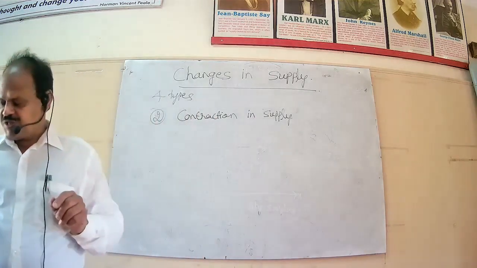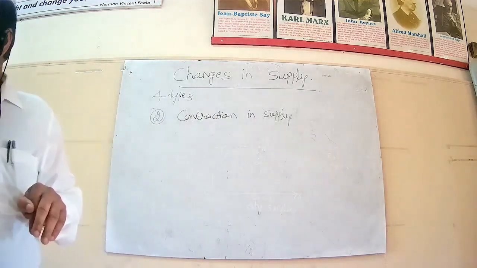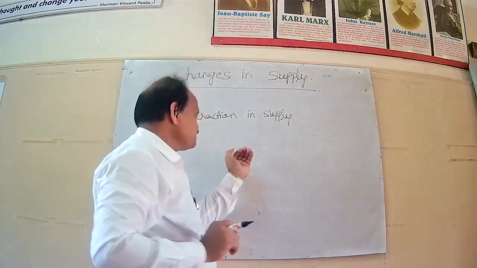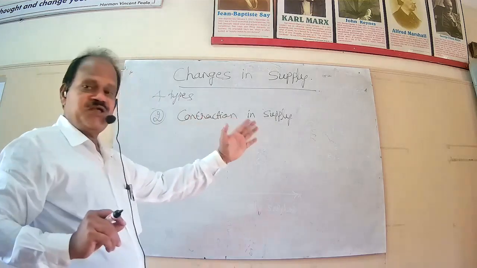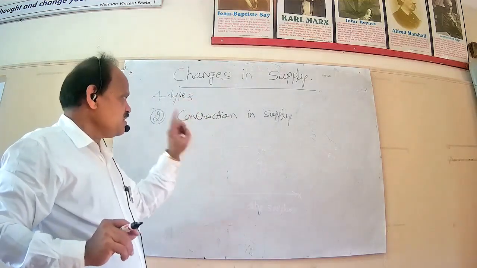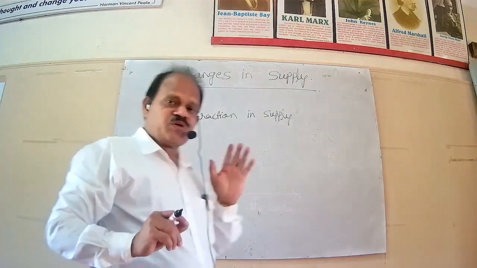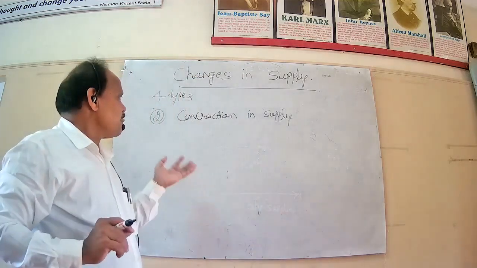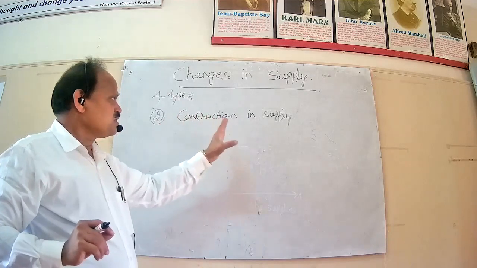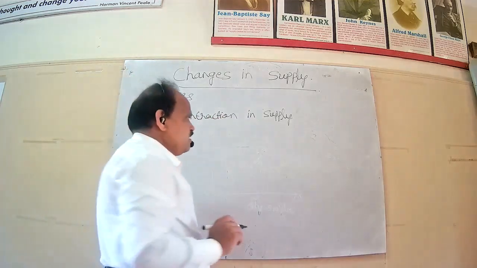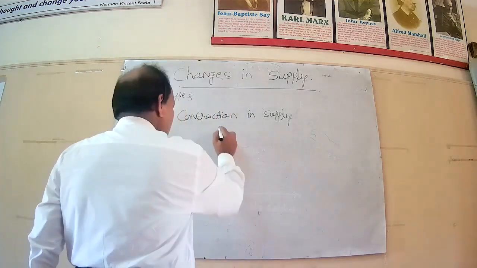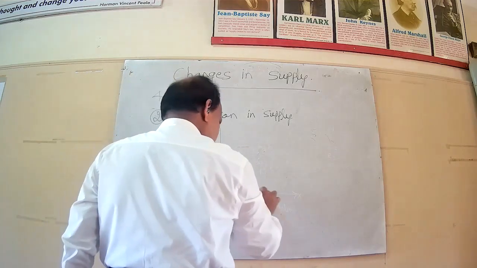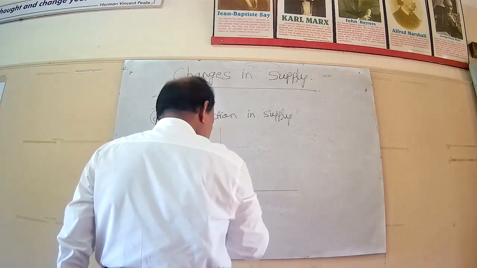If less quantity is supplied at a lower price when other things being equal, it is contraction in supply. Here once again, due to the factor price, supply has decreased. We have to say this as contraction in supply. Here once again, the seller will move on the same supply curve, but the movement will be in the downward direction.